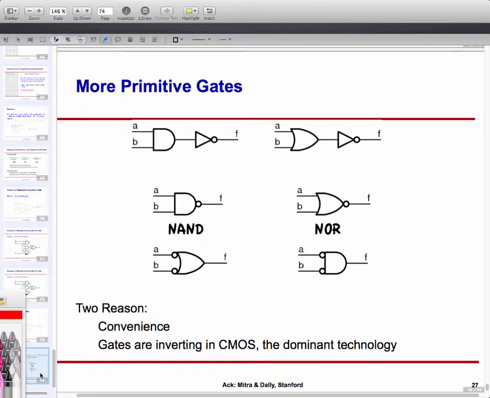More primitive gates. We have seen them previously, but just to reiterate, besides AND and OR, you may be given NAND and NOR. Actually, it turns out that in common silicon technologies, NAND and NOR are the real primitive gates, along with inverters. So if you need an AND gate, you have to make it by taking a NAND gate and an inverter. Likewise, if you need an OR gate, you take a NOR gate and an inverter.